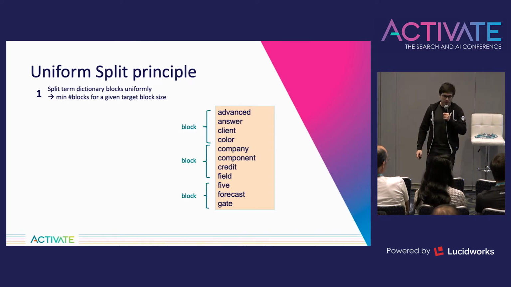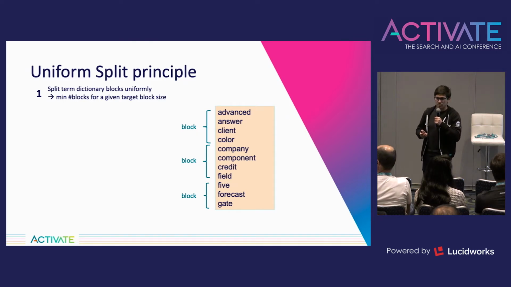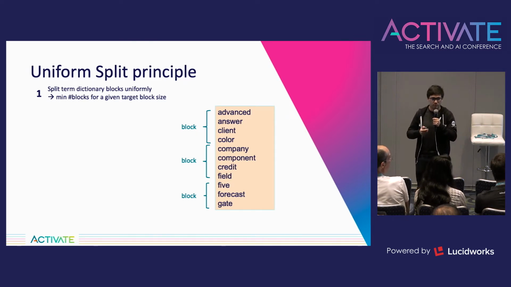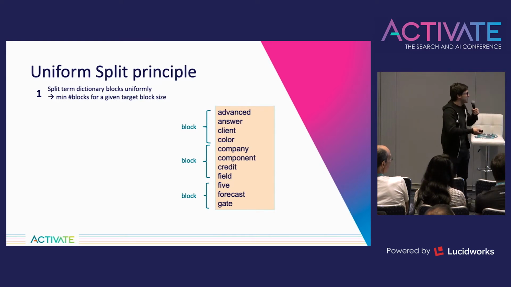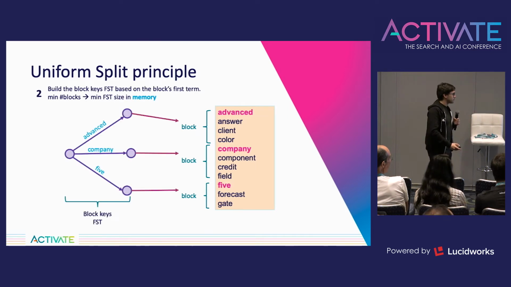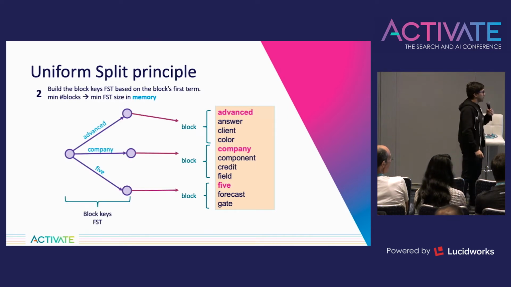So the standard block tree posting format uses its own policy to define those blocks based on the term prefixes. With UniformSplit, we use a simple approach. We wanted a uniform number of blocks having a uniform block size. So that's the explanation behind the name. We wanted the terms to be distributed in a uniform manner.